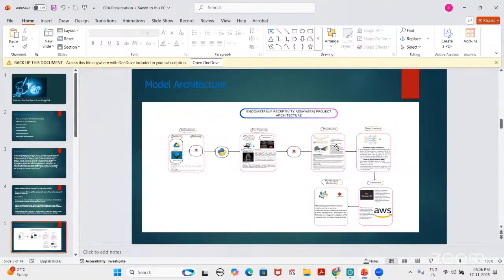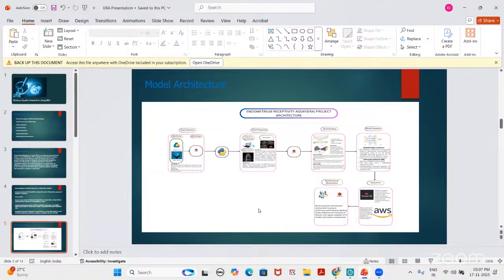Once we build the model, we evaluate it with multiple architectures. Once we get the desirable accuracy, we deploy it with the help of Streamlit and AWS. After that, we need to maintain and monitor it so that it will work well with good accuracy.